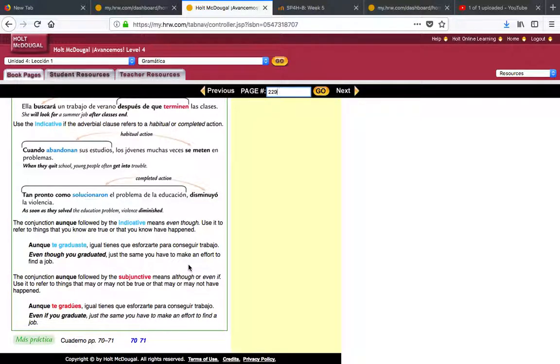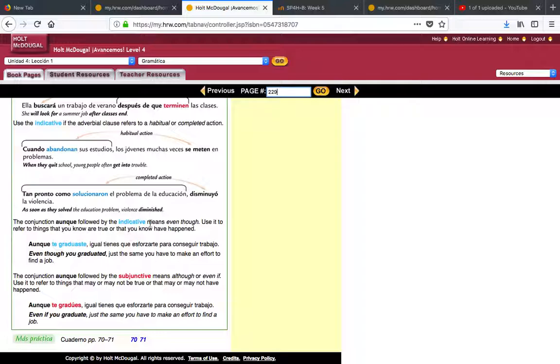Now we have aunque. When you use aunque with present tense, that means even though. Now, be careful because this sentence is wrong: aunque te gradúes, that's subjunctive.